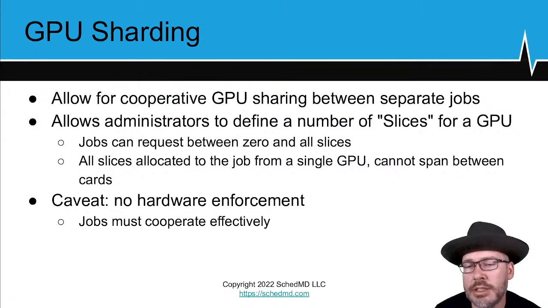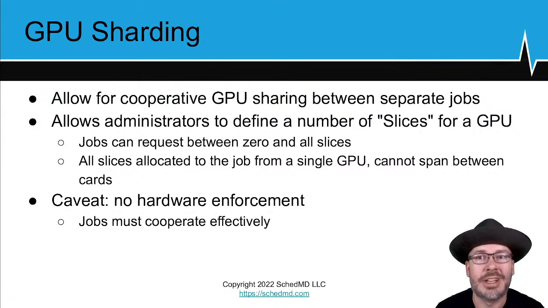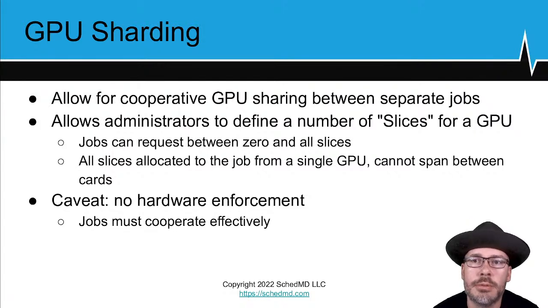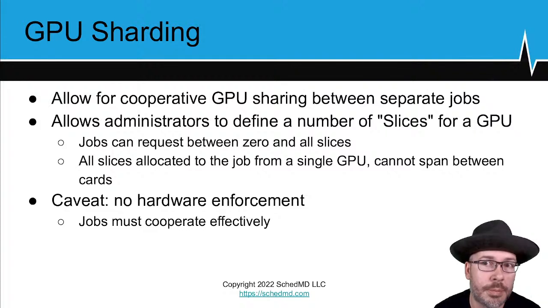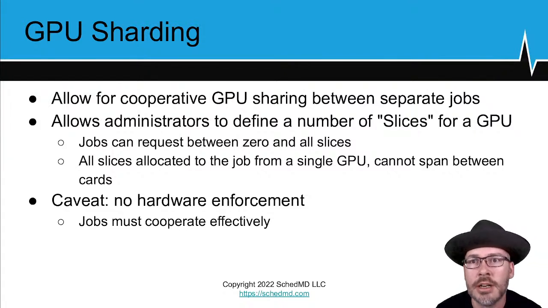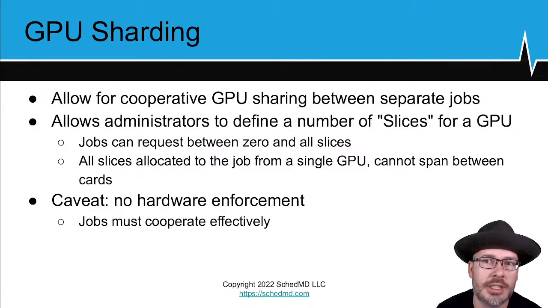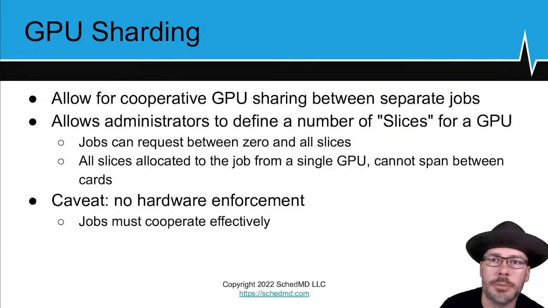So it's really only designed for friendly environments with a well-known user base that are able to cooperatively share these resources. It's not something that I'd recommend for university or national lab type environments where your users might push the limits on how much of that resource they can use and might edge each other out a bit.